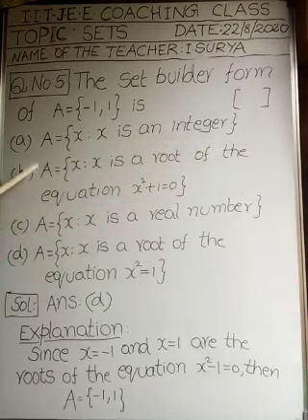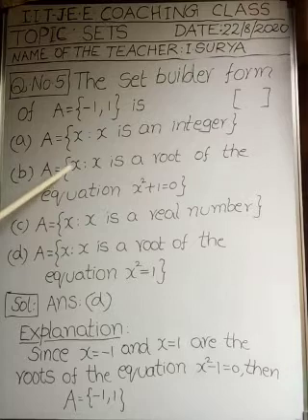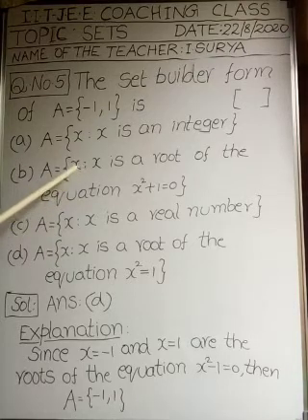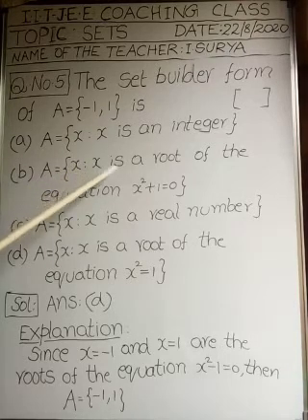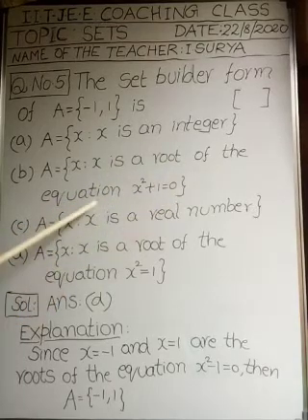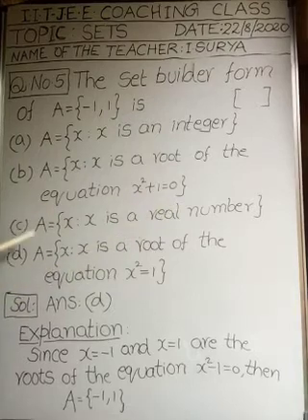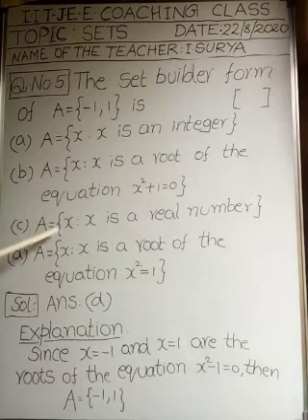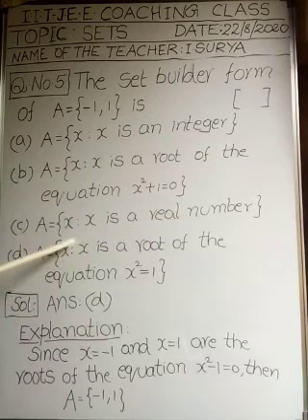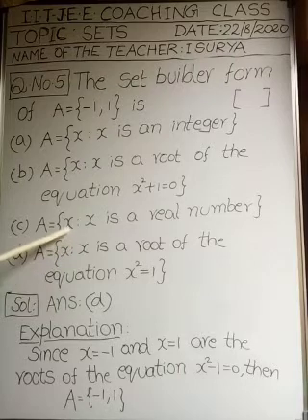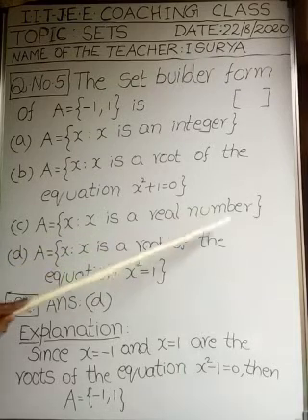See the second option, a is equal to, how do you read this one? Set of all x such that x is a root of the equation x square plus 1 is equal to 0. Now come to the third option, a is equal to, how do you read this one? Set of all x such that x is a real number.